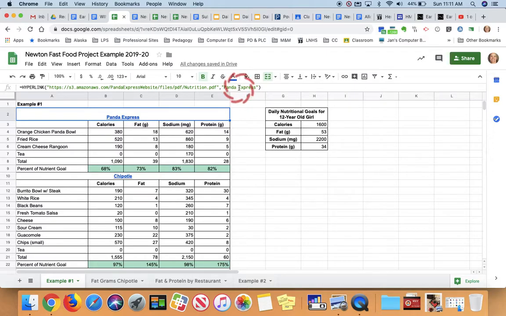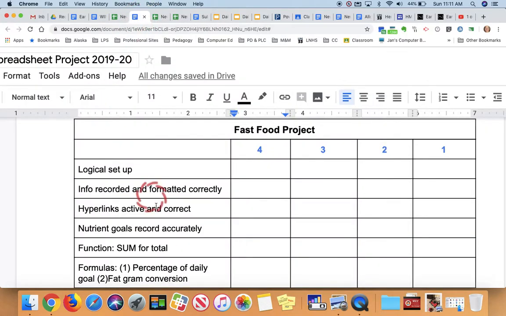You cannot just Google how many fat grams are in Orange Chicken Panda Bowl, okay, because you don't know that that's accurate. Make sure you are using the Panda Express website or whatever restaurant it is. So I'll check to make sure that those links work and that they exist for each one of your restaurants.